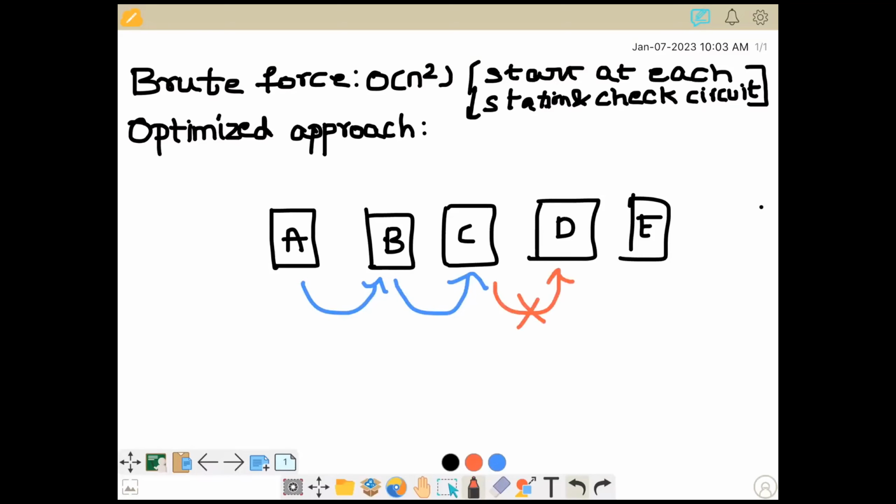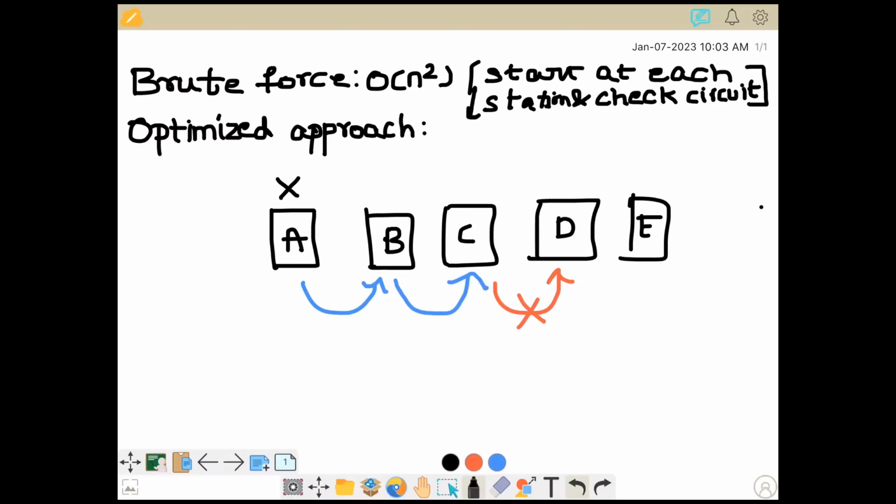So what we can observe here, in the brute force way, if we fail, we do not consider A, then we move to B and we again check if we can circuit from B to B.